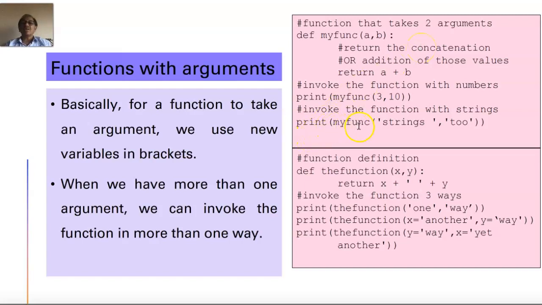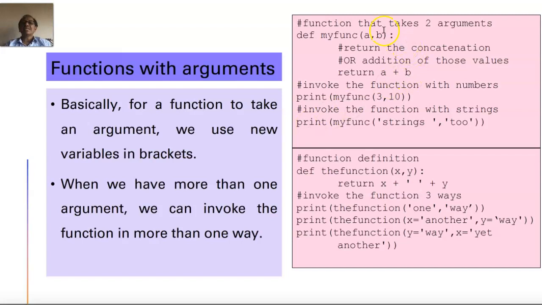So I can invoke myfunc with this command: print myfunc "strings", "2". "strings" is assigned to the variable a. "2" is assigned as a value to the variable b, and both a and b are concatenated. So the return value is strings2, and that is printed.